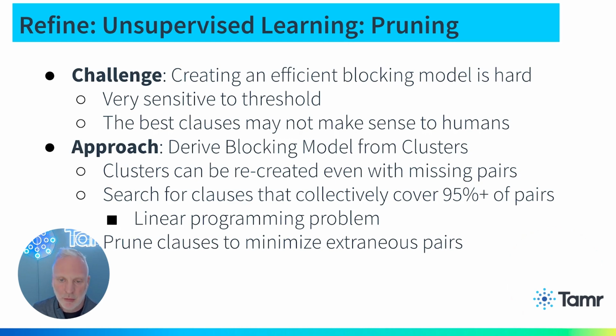And we have a process whereby we can automatically derive blocking clauses from subject matter expert clusters, or from all clusters or a subset of the clusters, where we can guarantee that that blocking model covers 95% plus of the pairs that will allow the clusters to be recovered, even though it doesn't have perfect recall. This allows us to prune the clauses and prune those extraneous pairs and keep the pruning efficiency as high as possible.